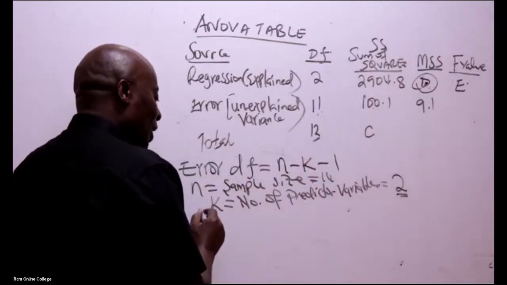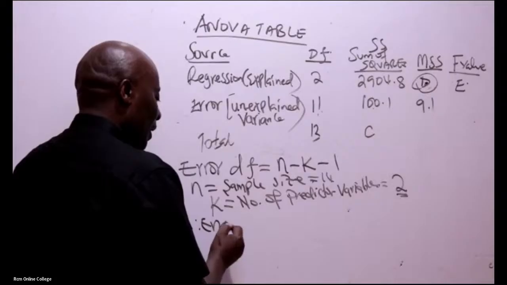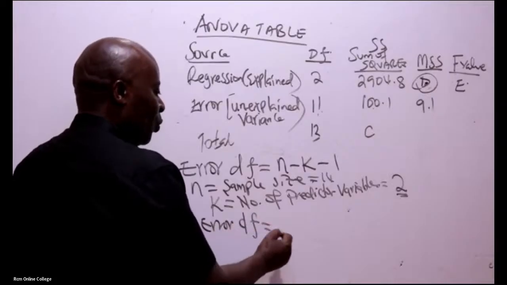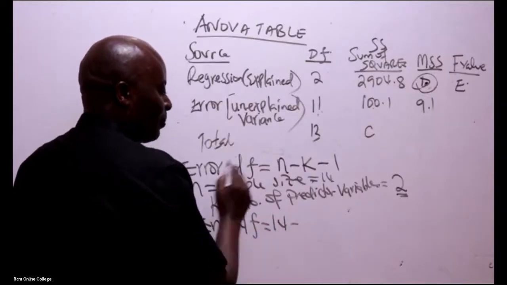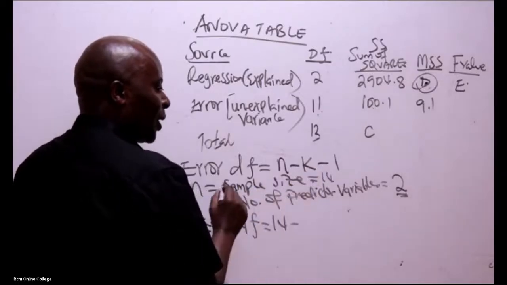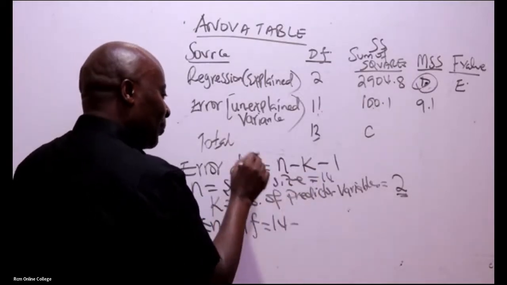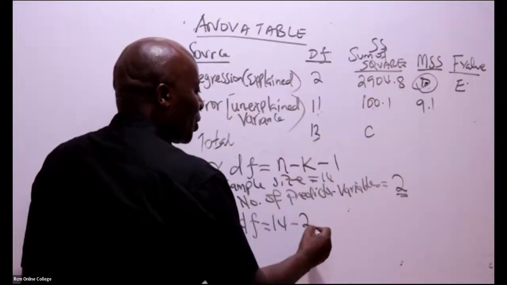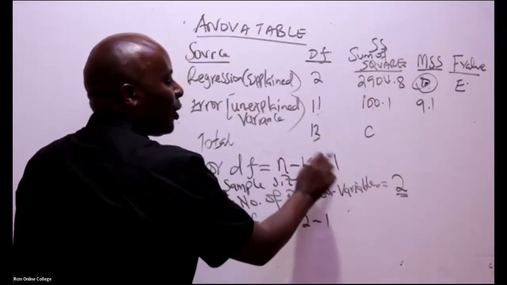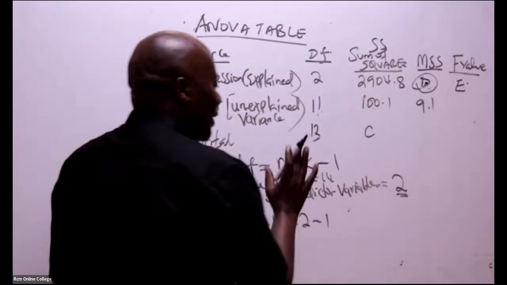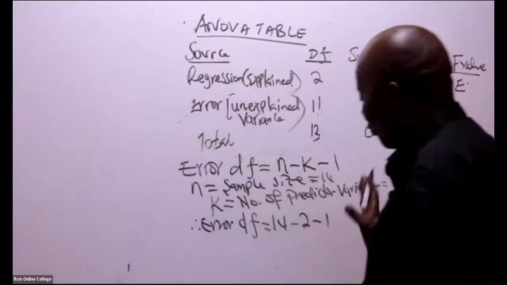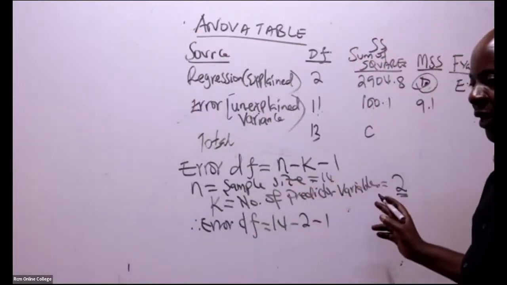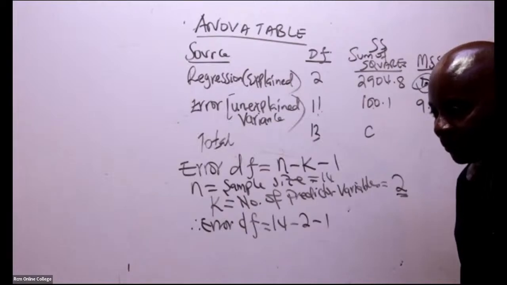So the error df will be 14, the sample size, minus k, which is 2, minus 1. Don't ask me where that 1 is coming from; it's important to just cram it that way. So 14 minus 2 minus 1 gives us what here?